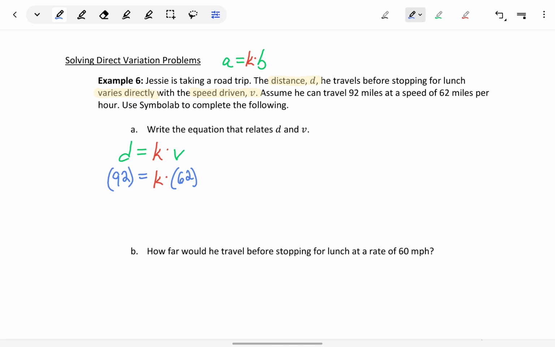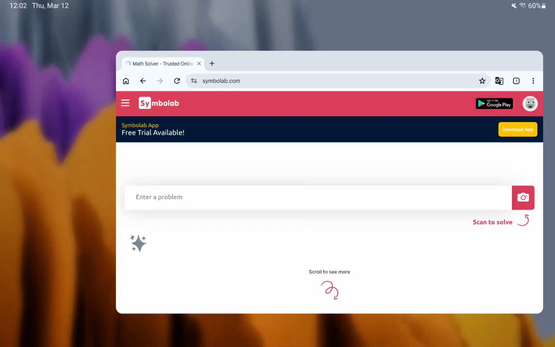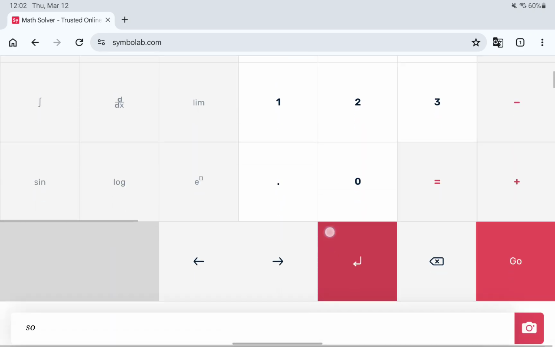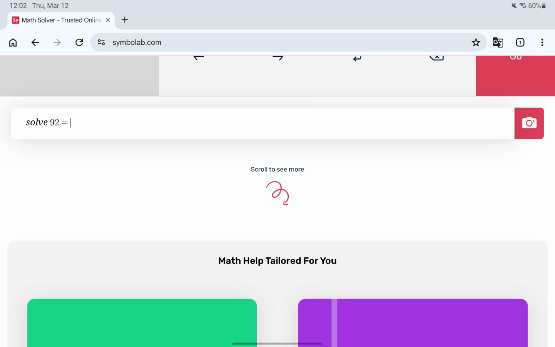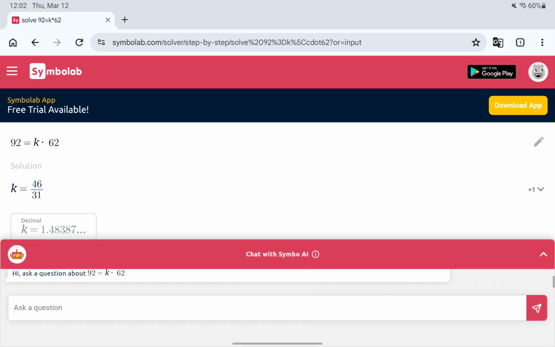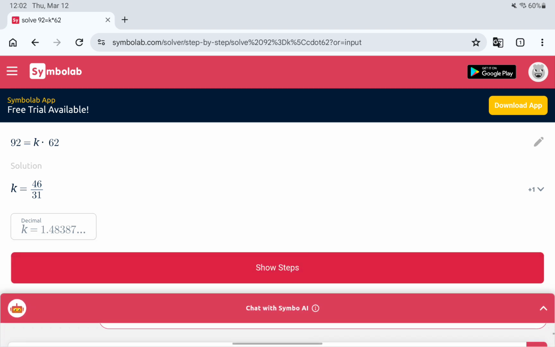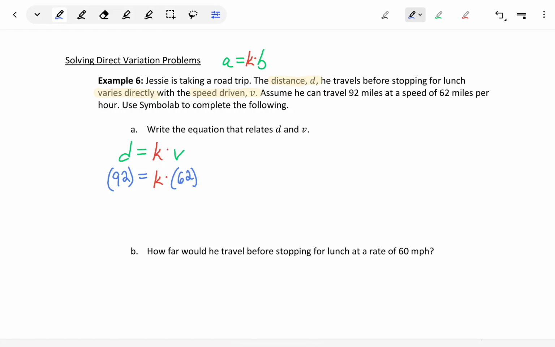What we need to do then is solve this equation for k, which gives us about 1.48 if we round to 2 decimal places. So our equation in this case will be distance equals 1.48 times v, the speed the car is driving.